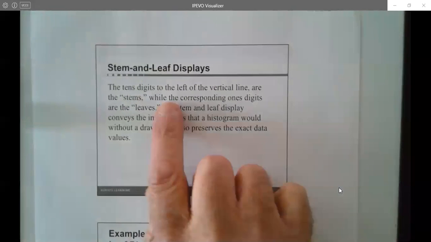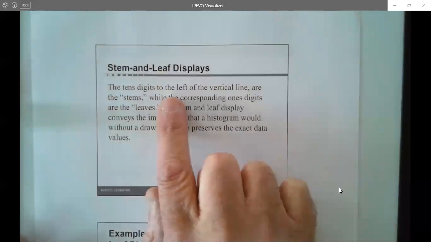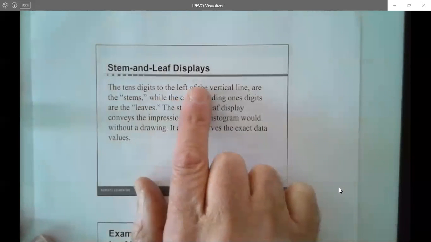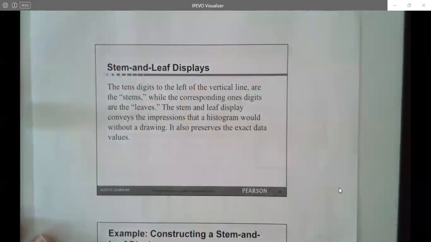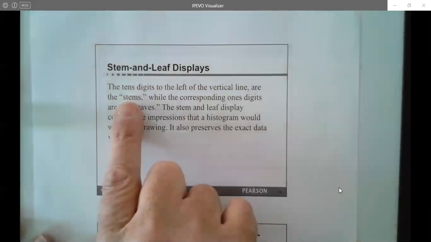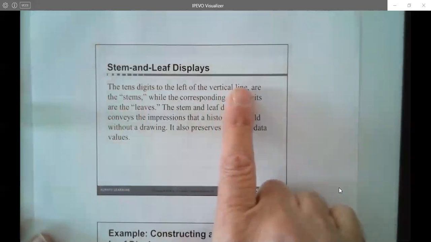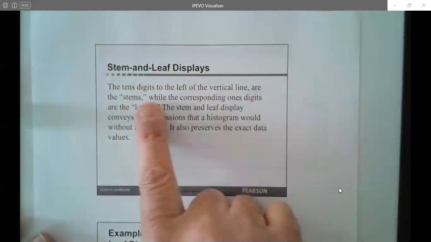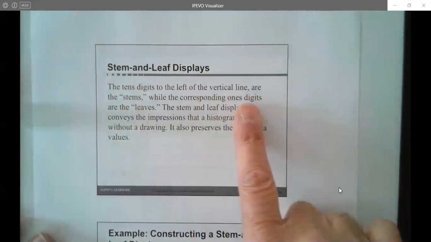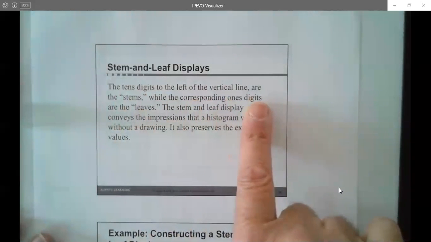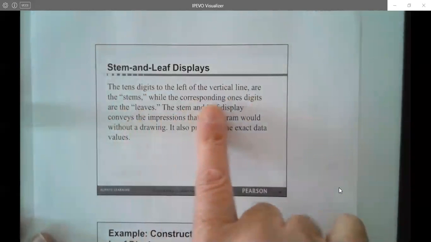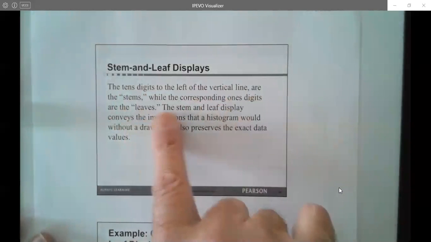Stem and leaf displays. I really like stem and leaf displays because you can take raw data and organize it real quickly. In the stem and leaf display, the tens digit is on the left of the vertical line, the stem, while the corresponding units digits, the ones digits, are to the right, the leaf.